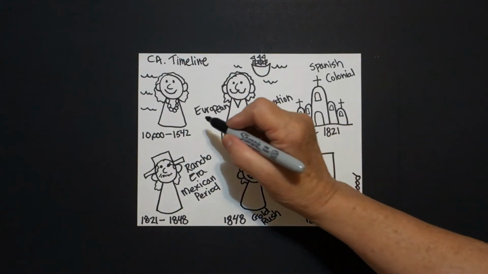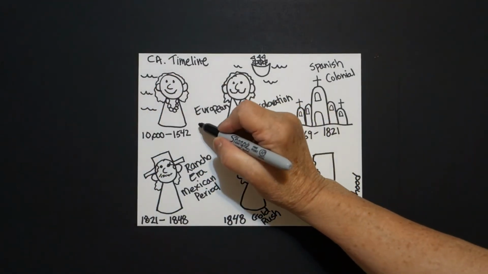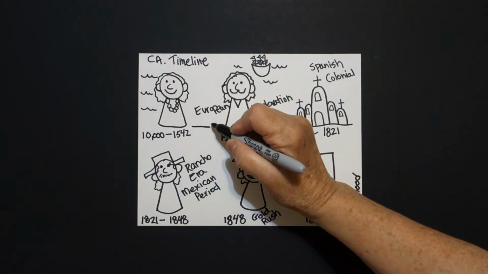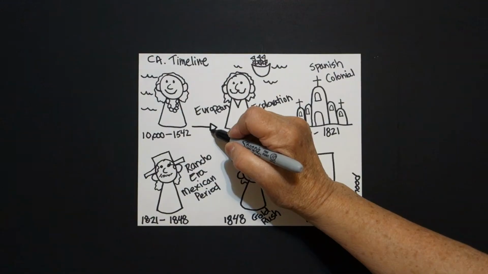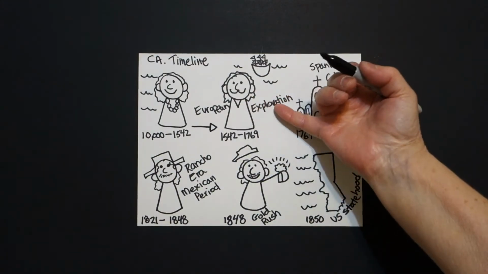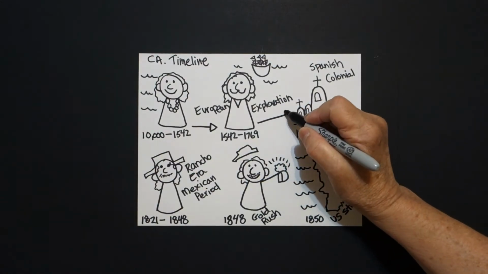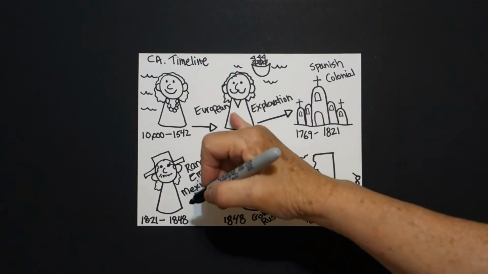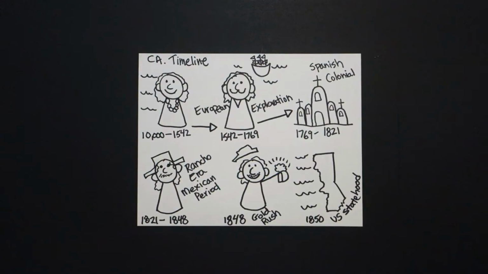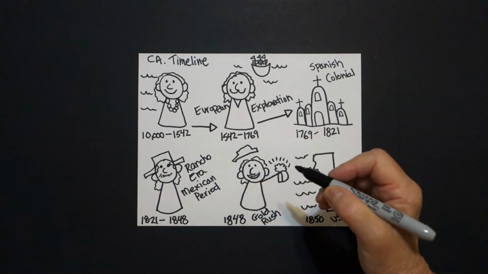First, though, we're going to show how it is a timeline. You draw a straight line from our indigenous tribes and a baby triangle to the European exploration. Then you draw a straight line and a baby triangle because the Europeans, especially the Spanish, established the colonial era, which is the missions.